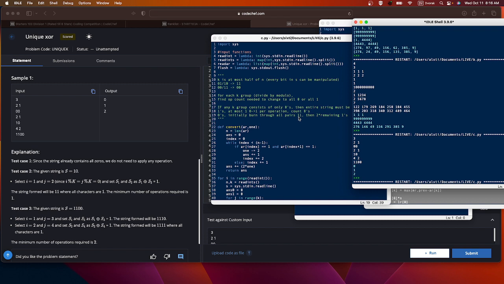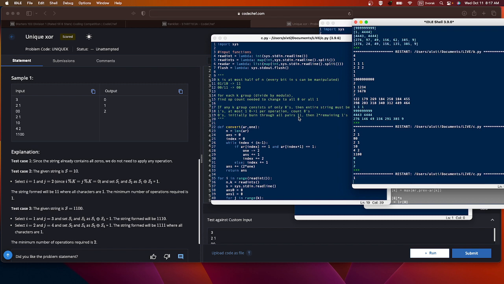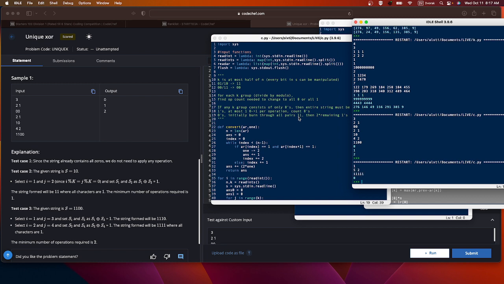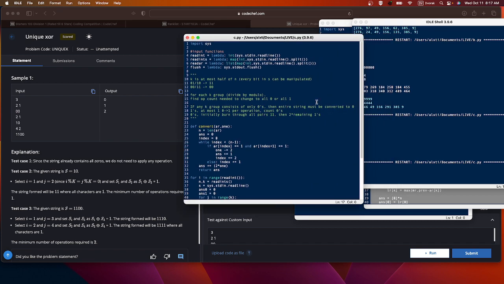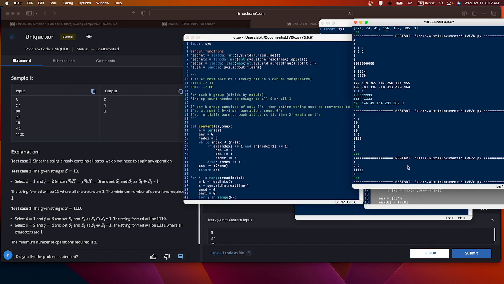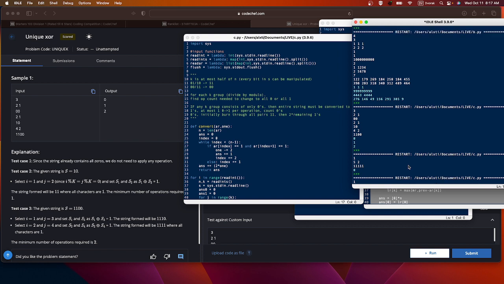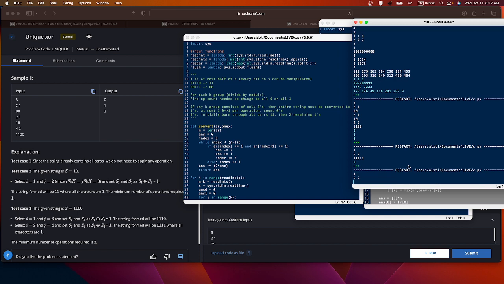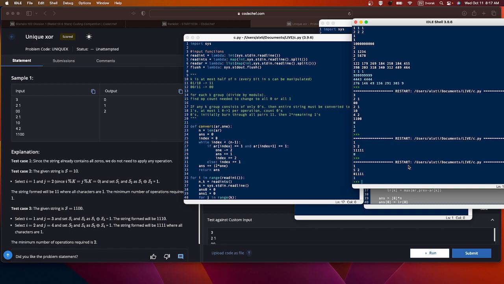Okay, well let's try a basic case. Okay, all 1s has been done correctly. Oh, wait a second.